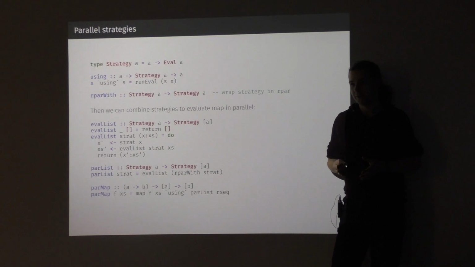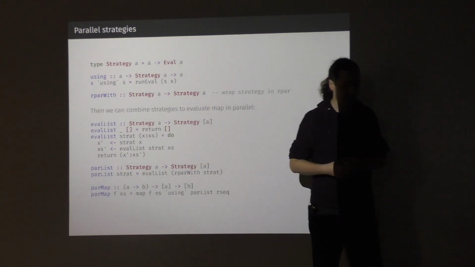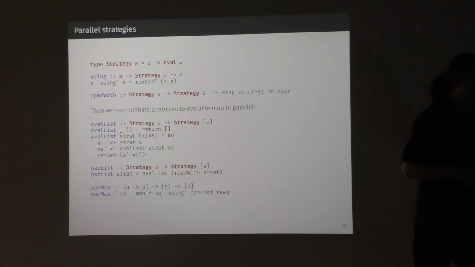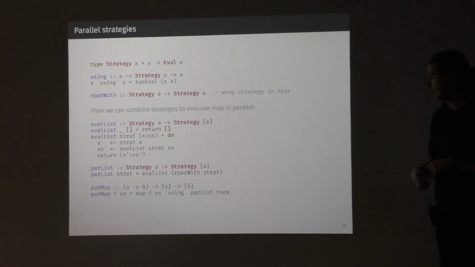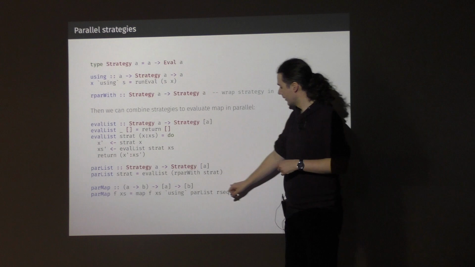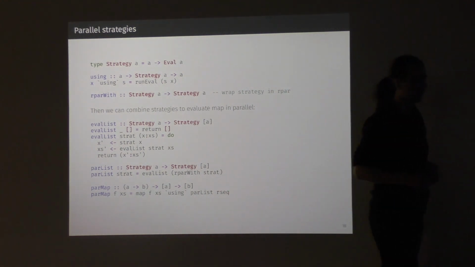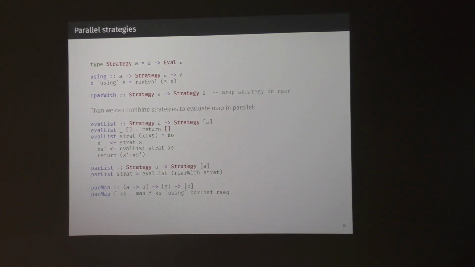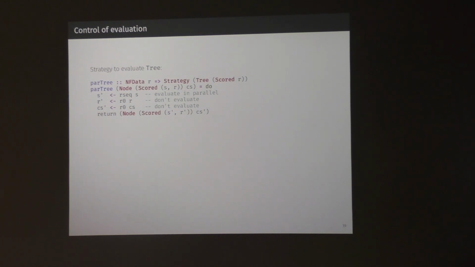It will not evaluate the values. So in case of a little bit more complex structure, we need to actually tell with this strategy what we want to be computed. And what we want to be computed here, in our example, is the score of the node.